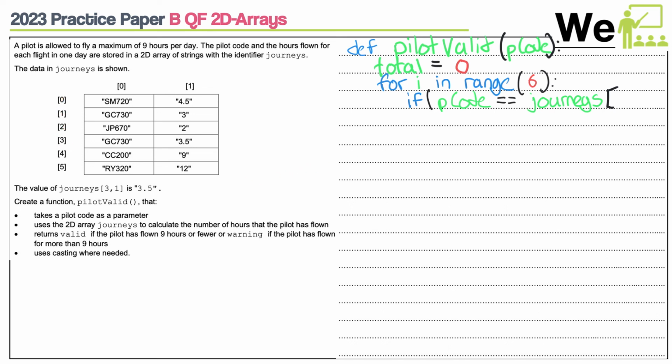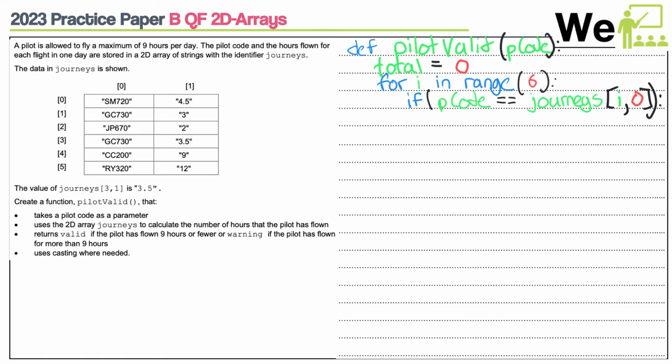That is where we're going to use this i. So I start off at 0, and then it's going to become 1 and 2 until it gets up to 5. And then are we checking for column 0 or column 1 for the code? Well, you can see we're going to check for column 0. So it's going to check 0,0, 1,0, 2,0, 3,0 until it gets a match. And every time it gets a match, it's going to return true for this if statement.